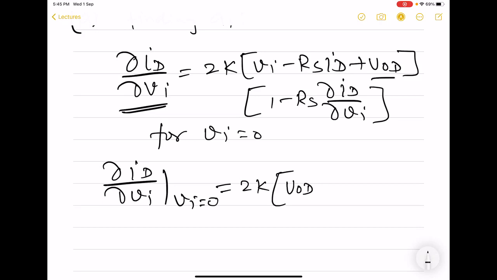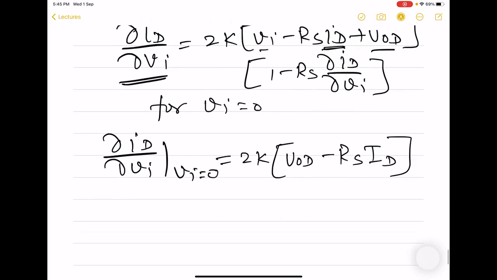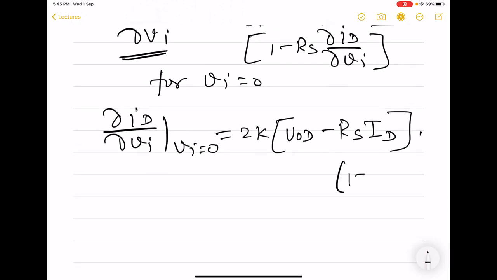This term is there, this becomes 0 minus Rs, and this time I am going to use a different symbol for this ID. I'm writing capital I with capital D, and then 1 minus Rs del ID by del Vi with Vi equal to 0.